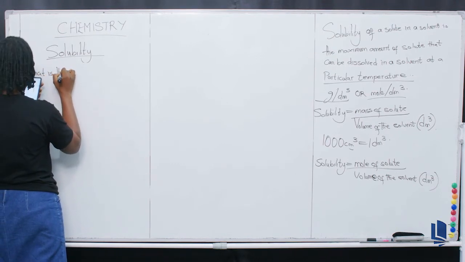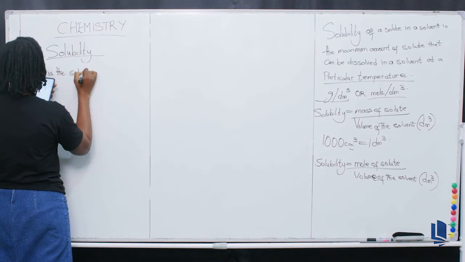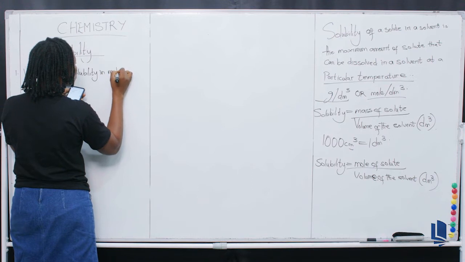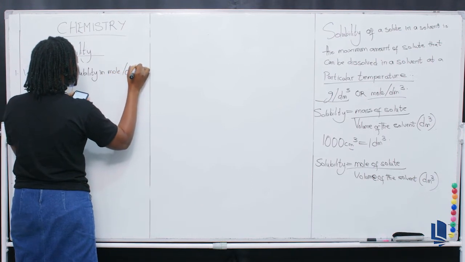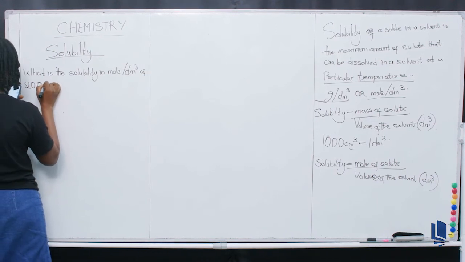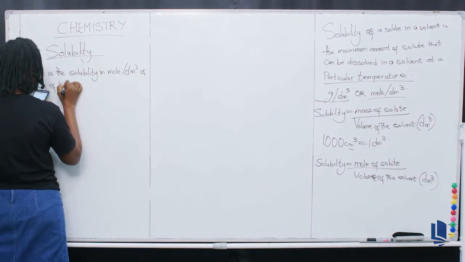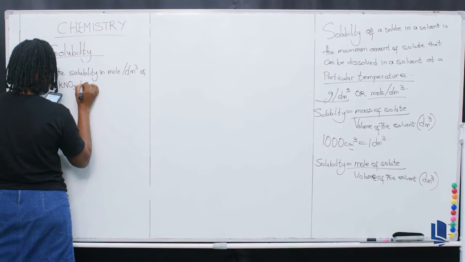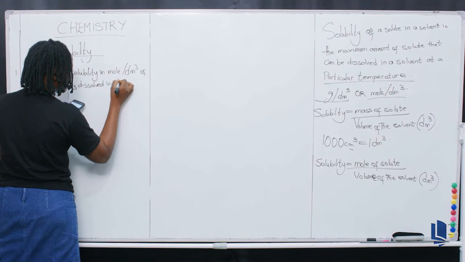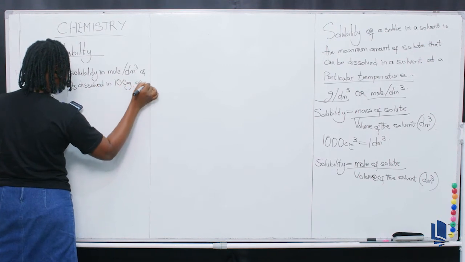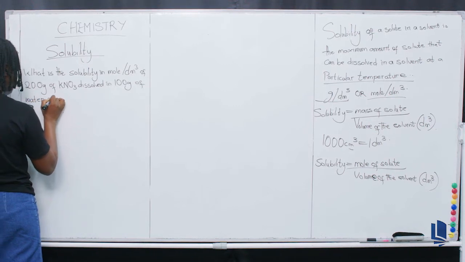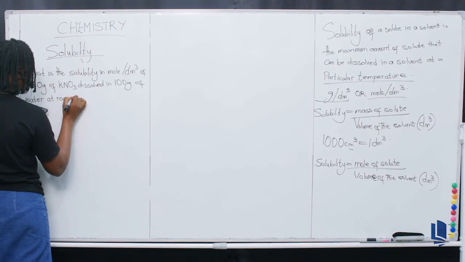What is the solubility in mole per dm cube of 20.0 gram of KNO3 dissolved in 100 gram of water at room temperature?